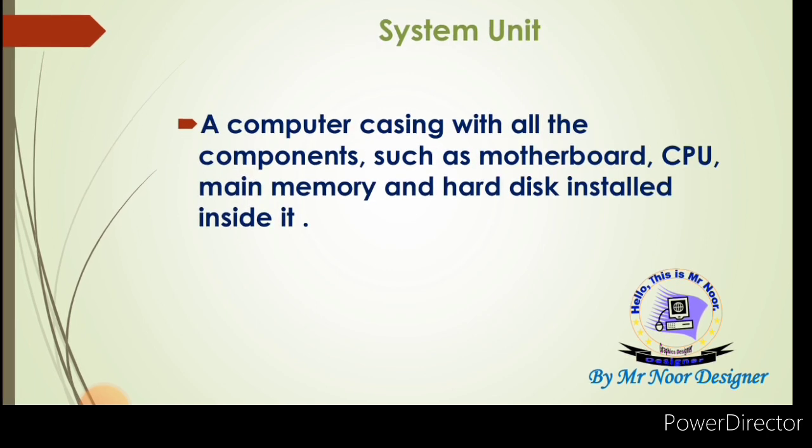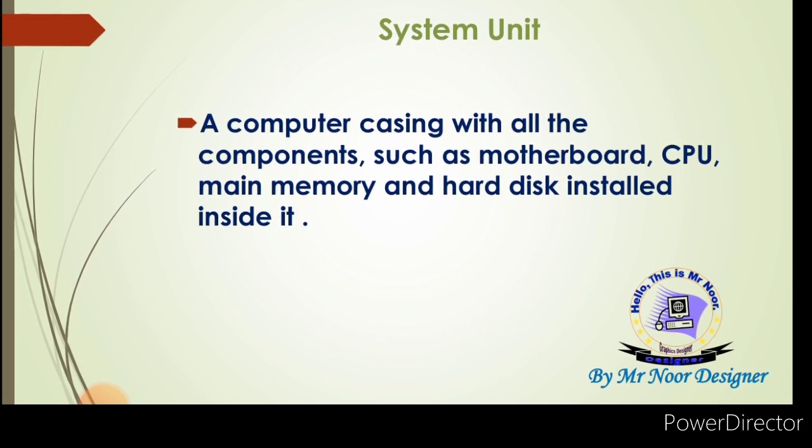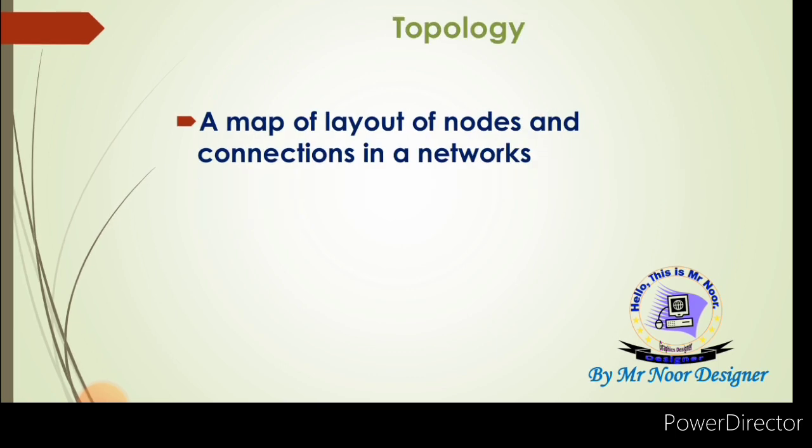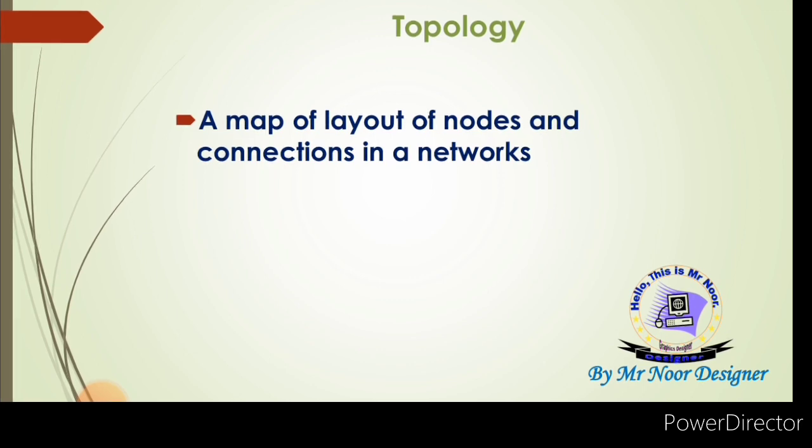System unit, a computer casing with all the components such as motherboard, CPU, main memory, and hard disk installed inside. Topology, a map of layout of nodes and connections in a network.